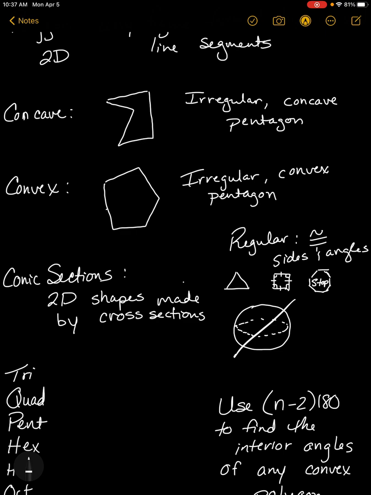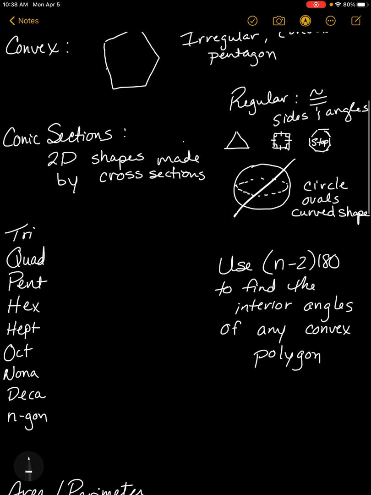And cutting that sphere in half and opening up that sphere and looking on the inside, and what you would see is a circle. So a circle is actually a cross section of a sphere. And, you know, ovals are made this way, anything curved, curved two-dimensional shapes really is what we're talking about. So those are the conic sections, okay?